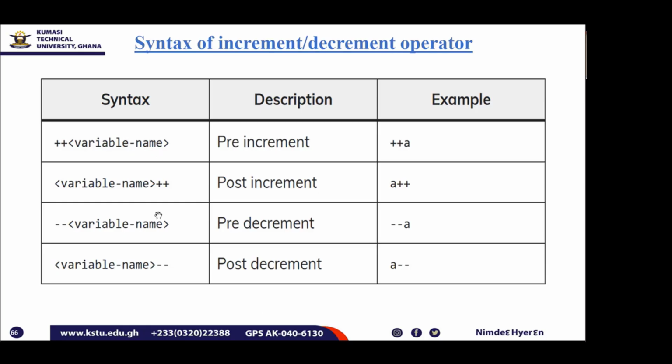So when you have plus plus with a variable name, then it means you are trying to implement a pre-increment. For example, plus plus A. If you have a variable name with the plus plus after it, that is a post-increment. Similarly, the decrement will be done using the negative symbol.